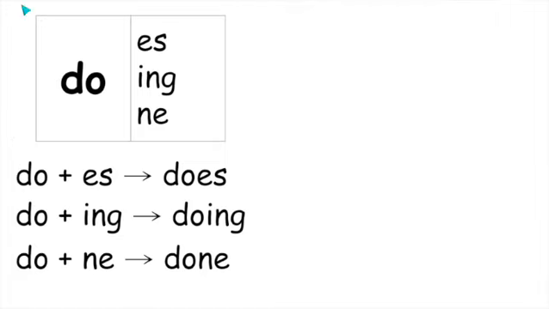So if we're looking just at the word family for do, we can build out do by itself as a free base, does, doing, and done. Looking at this word family, we have two different sounds coming from the grapheme O.